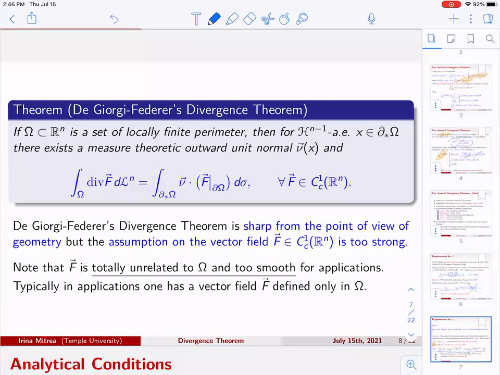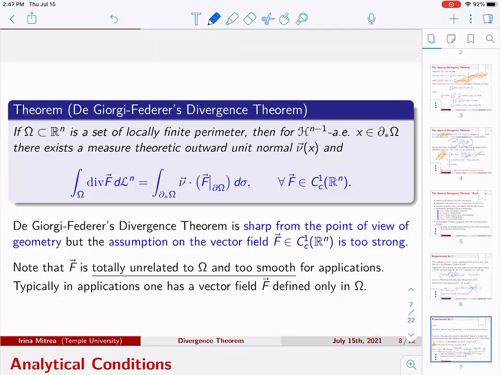So here, if omega is a set in Rn of locally finite perimeter, then for Hn minus 1 almost every point on the geometric measure theoretical boundary, there exists a measure theoretic outward unit normal vector nu, and the divergence formula holds for any vector field F which is C1 compactly supported in Rn. Okay, note here that the integration over the boundary takes place over the geometric measure theoretical boundary, where we have a concept of unit normal vector.